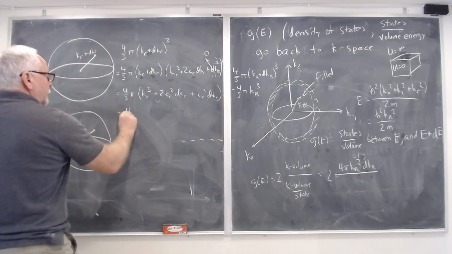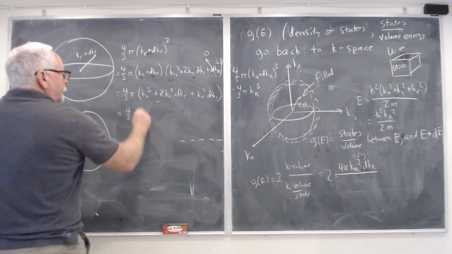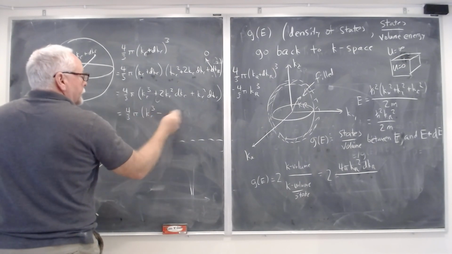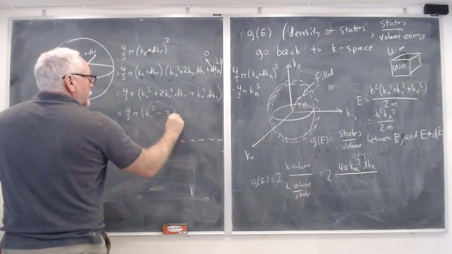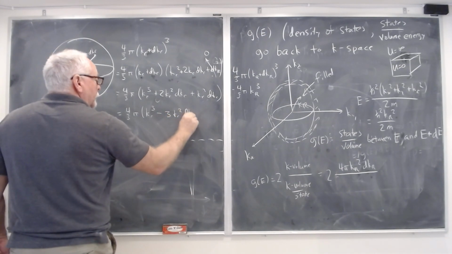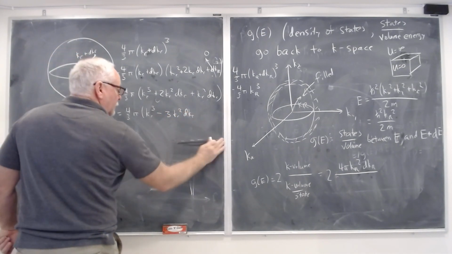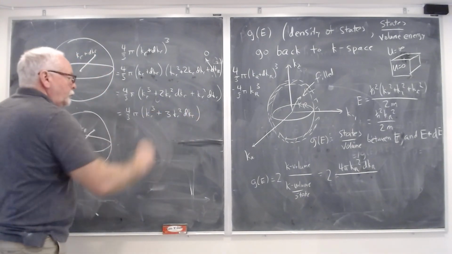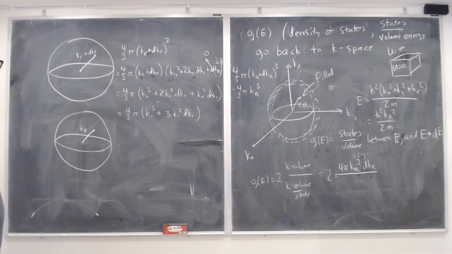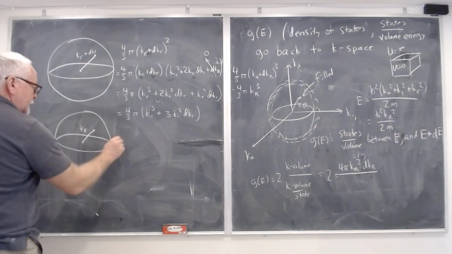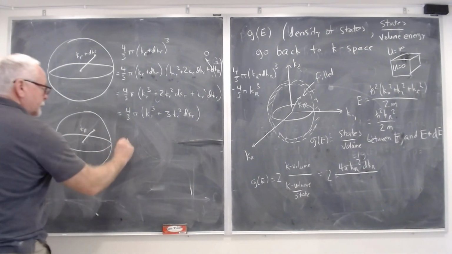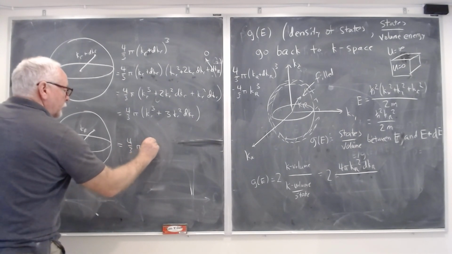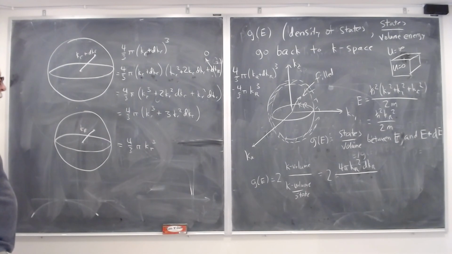Okay, so it's 4/3 pi times k_r cubed plus 3 k_r squared dk_r. Now, this one is just 4/3 pi k_r cubed.